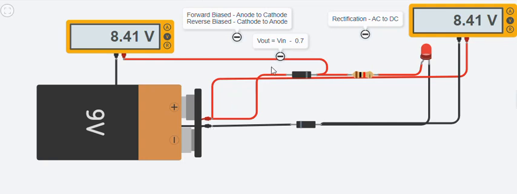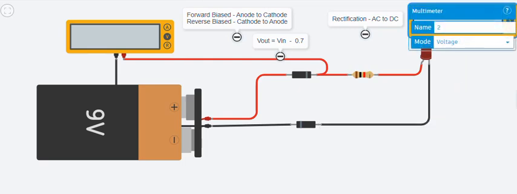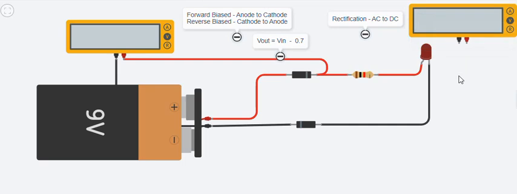Okay, so if you want to get how much voltage the LED is taking, how can we measure that? How do you think we should be able to measure that? By connecting what? The positive of the multimeter to the anode of the LED, then the negative of the multimeter to the anode, sorry, to the cathode of the diode.